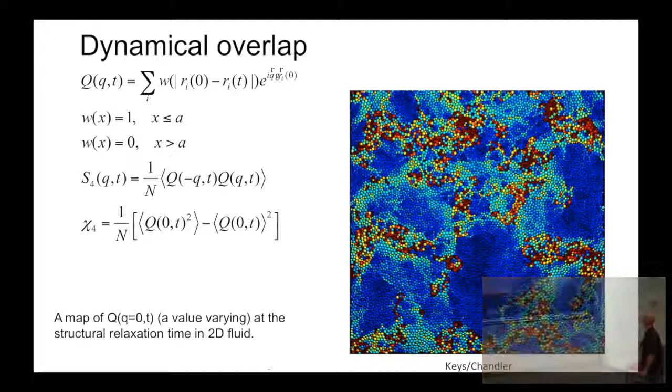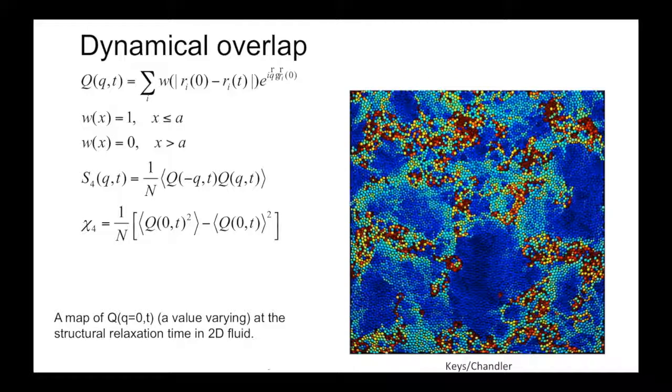If you look, you can find very nice pictures in the literature for simulations. This is from Aaron Keys and David Chandler, in a large-scale simulation of a two-dimensional system. Depending on how you vary this parameter A, you can change the colors of this. If you make A really, really small or really, really large, you won't see anything.